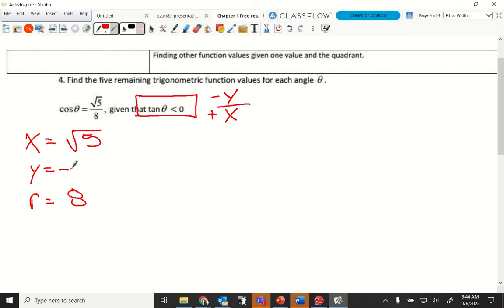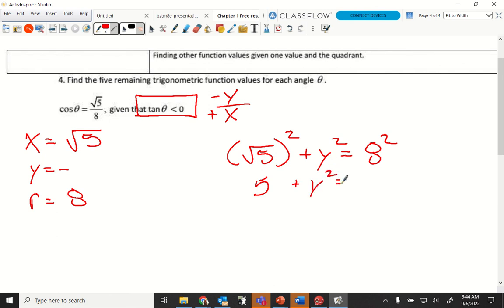Let's do my Pythagorean theorem. Square root of 5 squared plus y squared equals 8 squared. Square root of 5 squared gives me 5, plus y squared equals 8 squared.